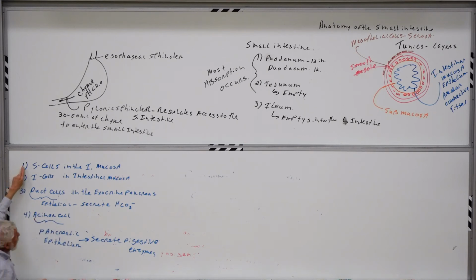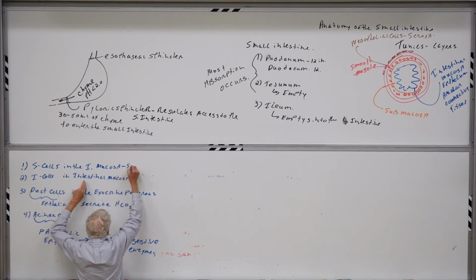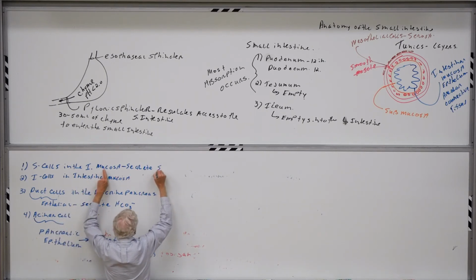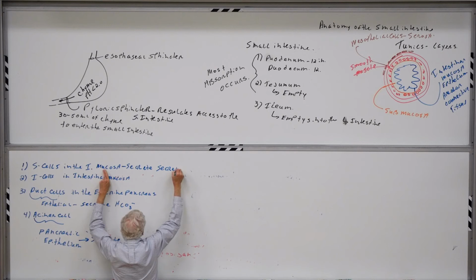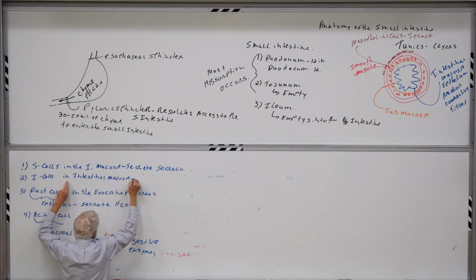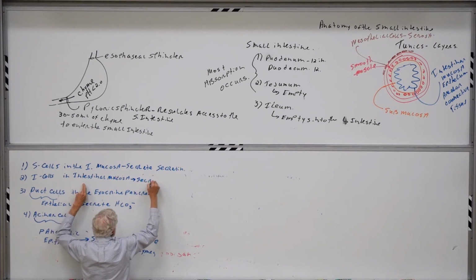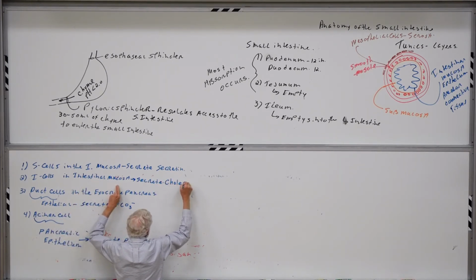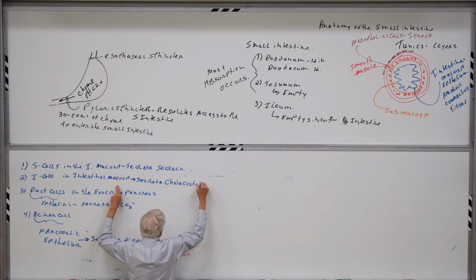The S cells in the mucosa secrete secretin, and the I cells of the intestinal mucosa secrete cholecystokinin.